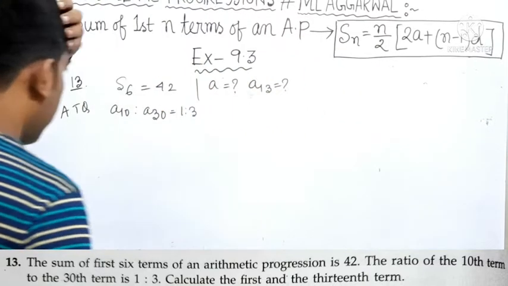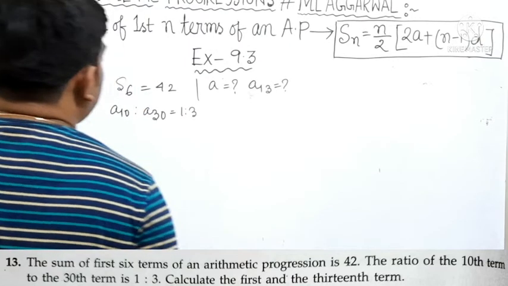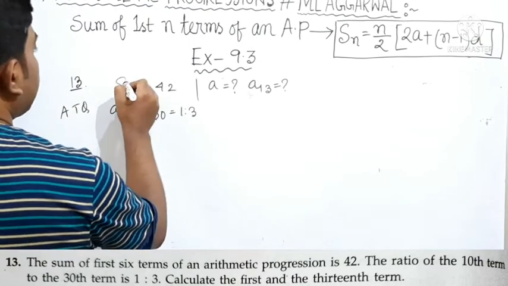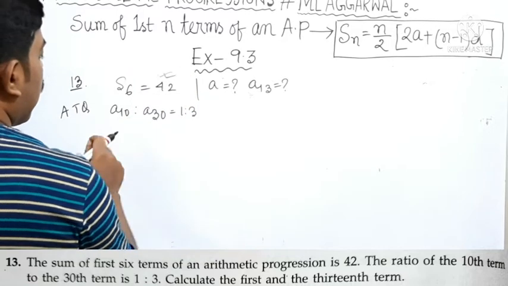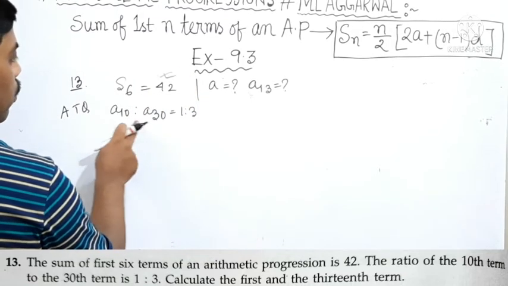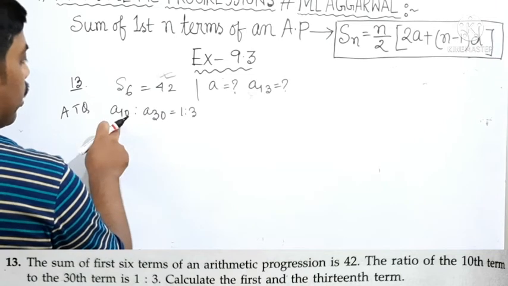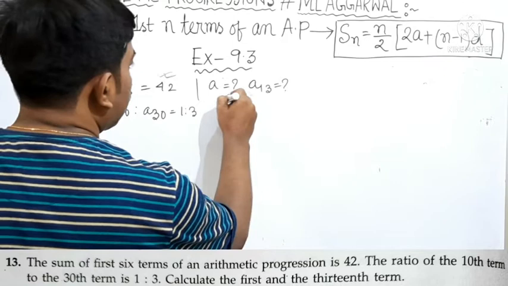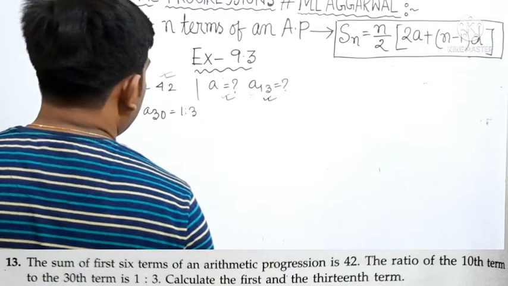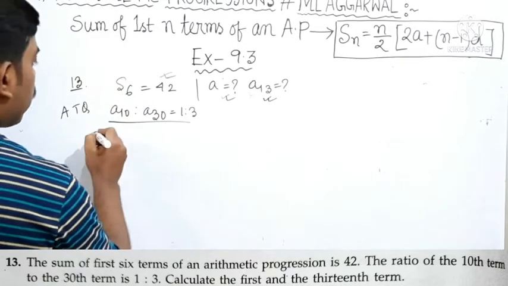So I have written the problem on the board. Here S6 is equal to 42, it is given, and the ratio of the 10th term to the 30th term is equal to 1:3. We have to find out the first term and a13. Okay, so here is the given condition.